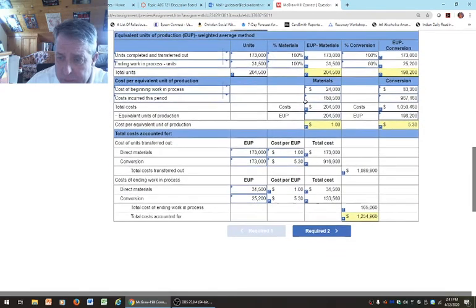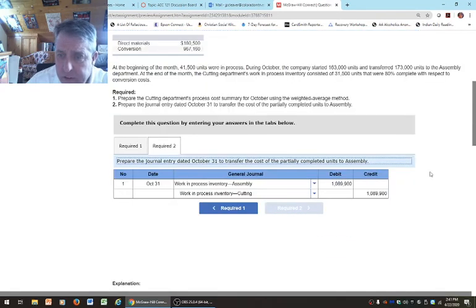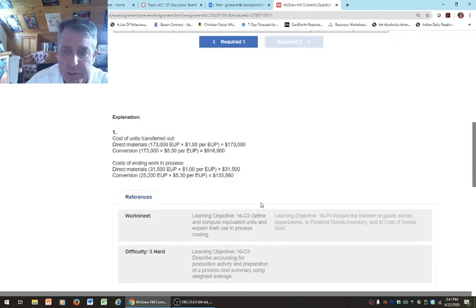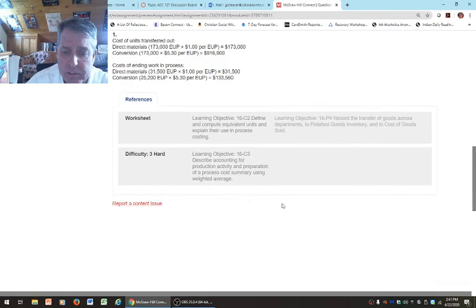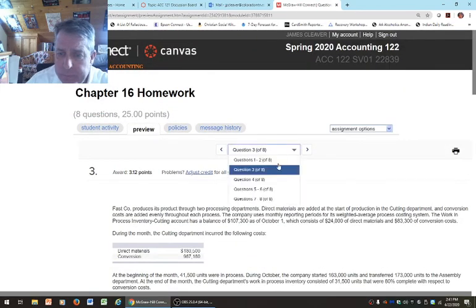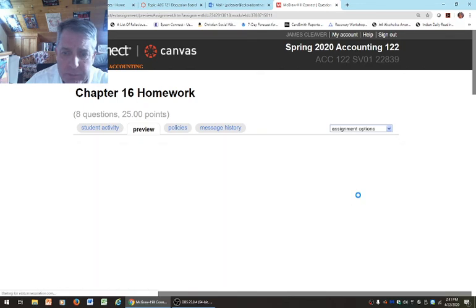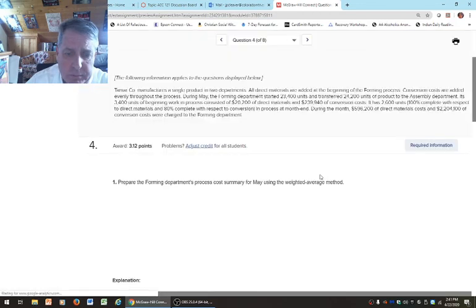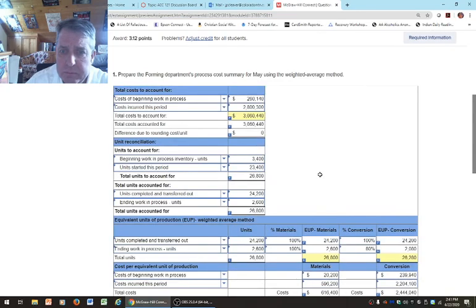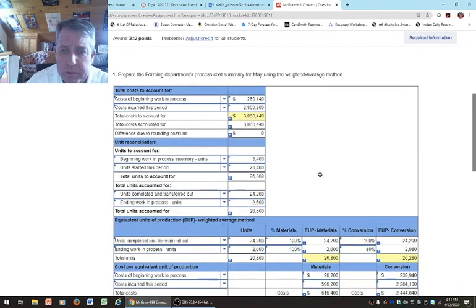And the second requirement was the work in process inventory, this journal entry. And here's some of the explanations that go with that. For number 3, 4, there you go.